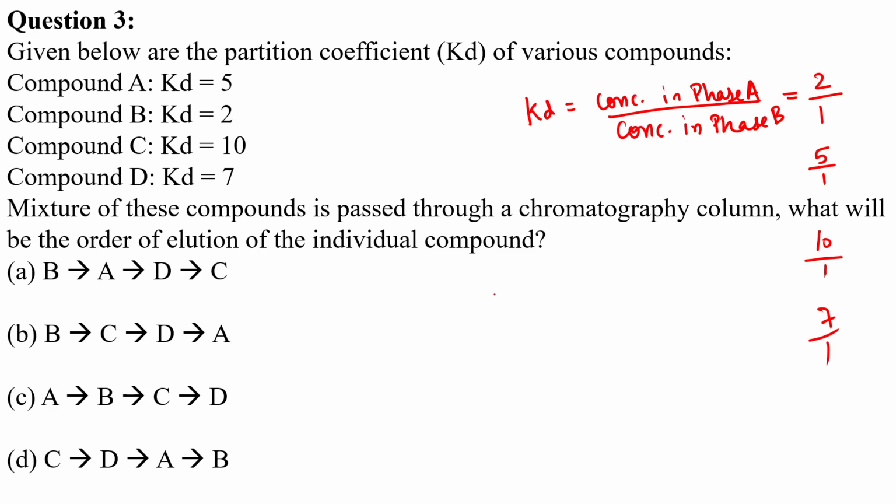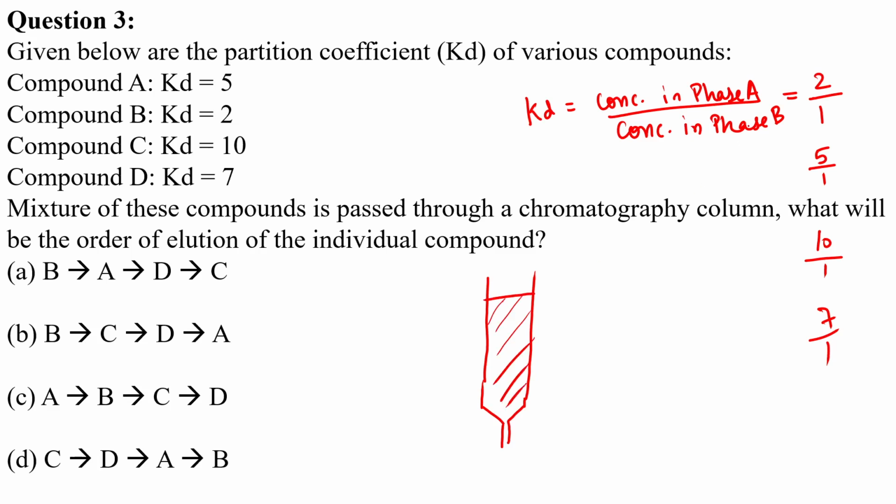Now, if you remember, I told you we generally consider the stationary phase as phase A and the mobile phase as phase B. So, if I have a column, and we have the stationary phase.